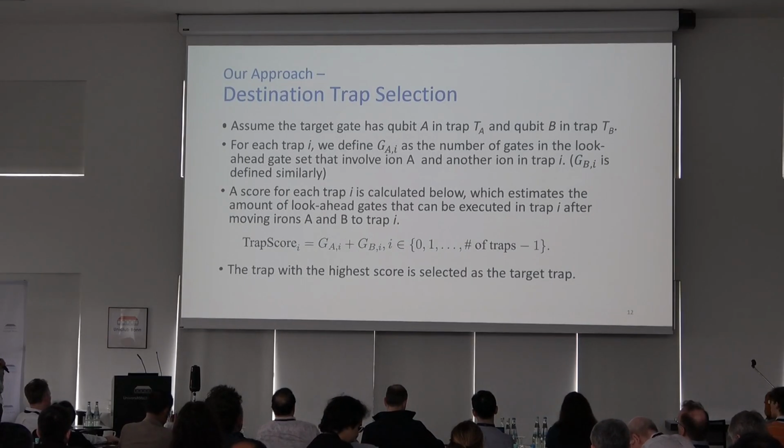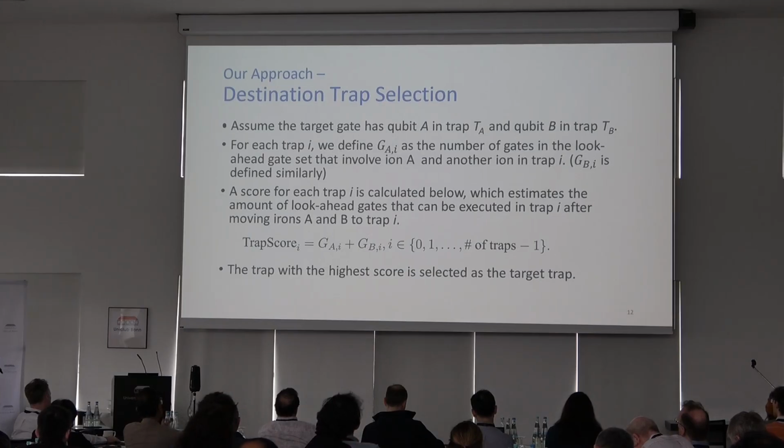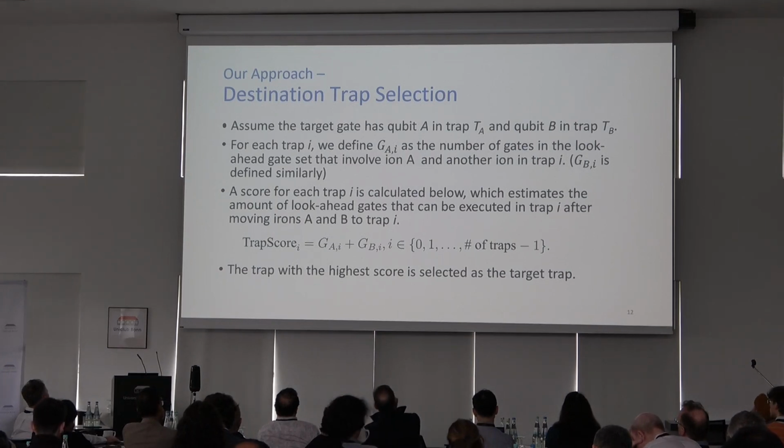And for each trap i, we will calculate a score as follows. This score estimates the amount of look-ahead gates that can be executed in trap i after moving ions A and B to trap i. And the trap with the higher score will be selected as the target trap.